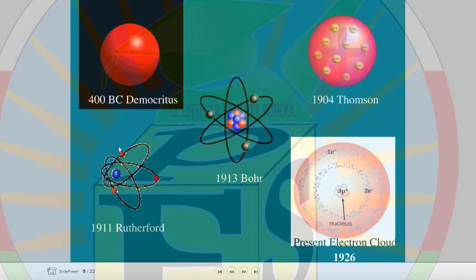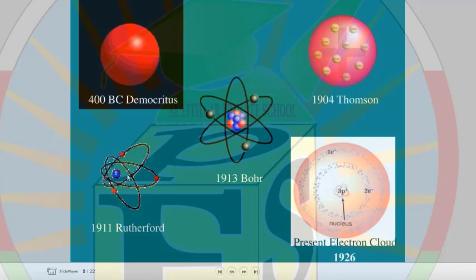These are some models of the atom given by different scientists from time to time. In 400 BC, Democritus gave the structure of the atom. He said that it is a ball. In 1904 Thomson gave us the structure of the atom, that there is a positive ball containing negative electrons, the pudding model.